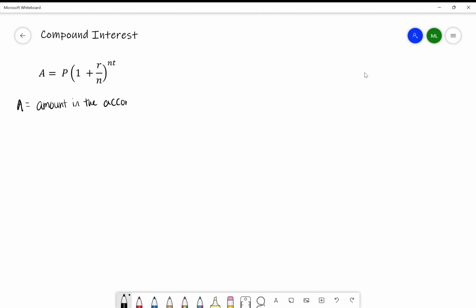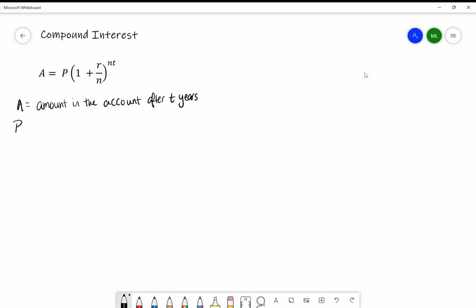Okay, we want the amount in the account after T years.